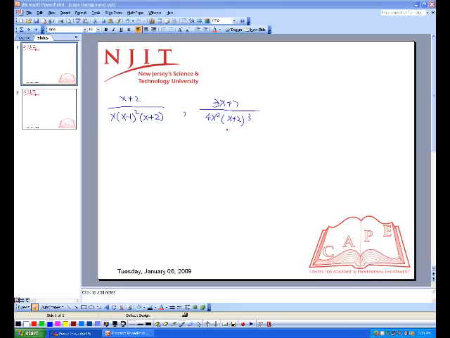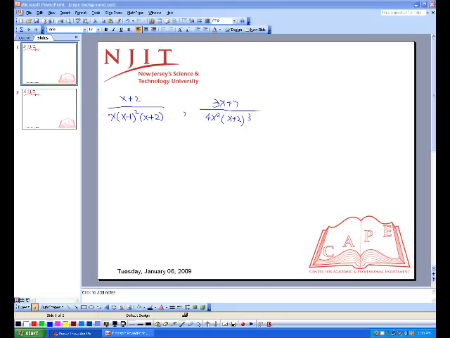So now we have to find the least common factor. You do this by finding the least common factor for each term. Okay. So what do we have here? First of all, you want to look at constants.